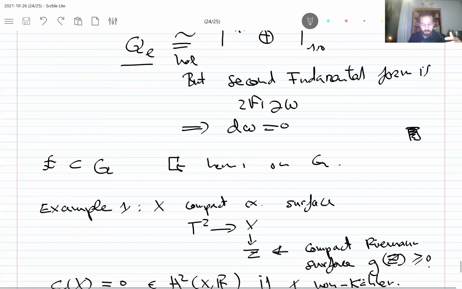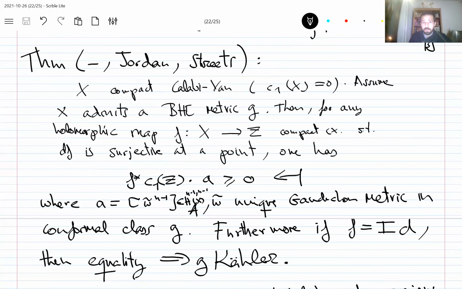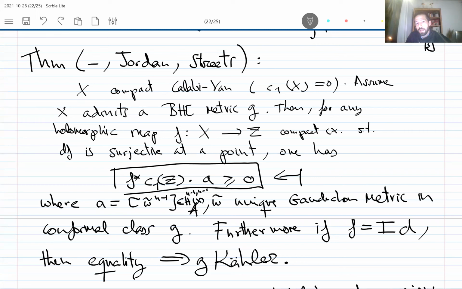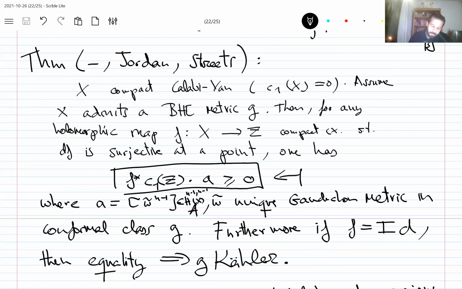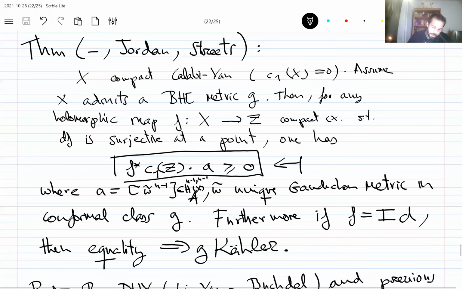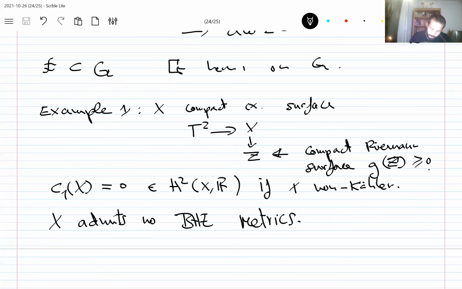The statement of the theorem tells you that this inequality here needs to hold for some positive Aeppli class, meaning that if for any Aeppli class this inequality does not hold, then X does not admit any Bismut Hermitian-Einstein metric. Okay. So what you do is just evaluate this in any positive Aeppli class.